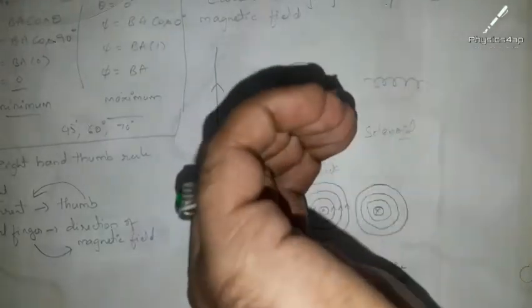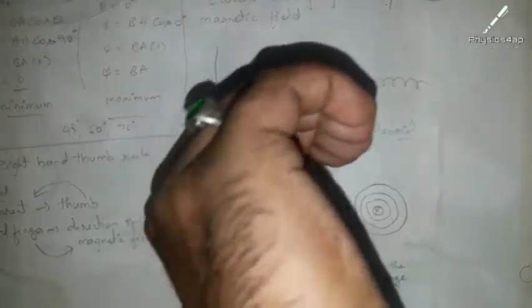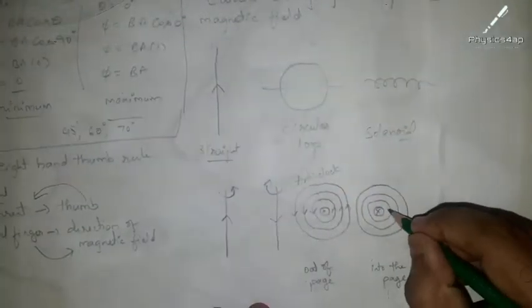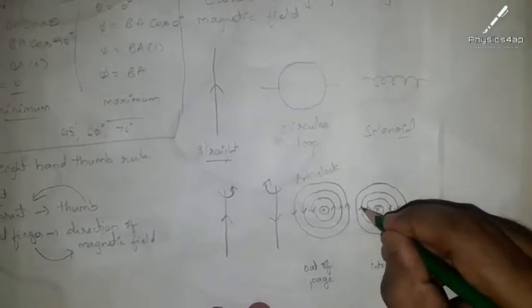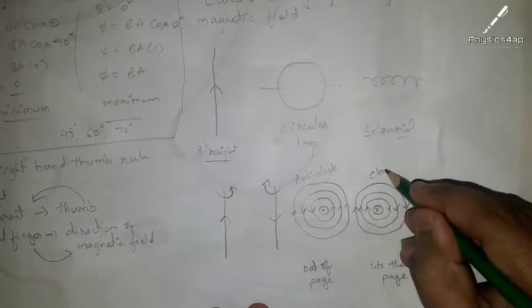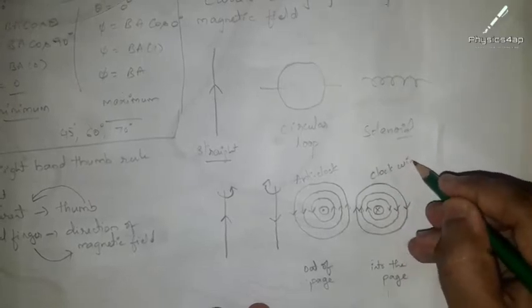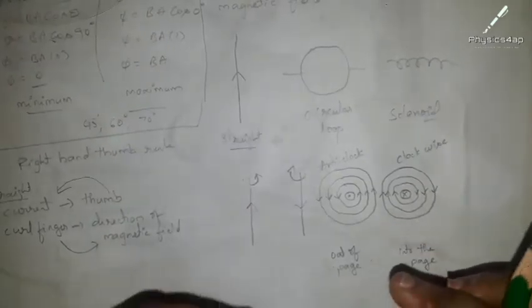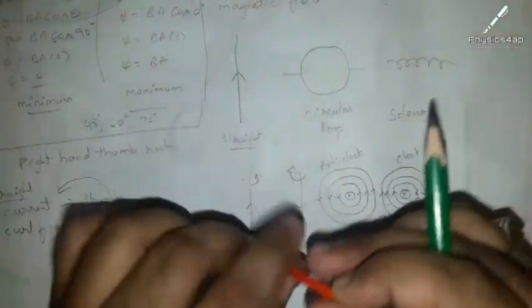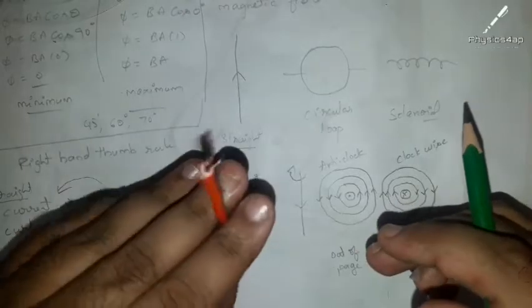If you see my fingers, the curved fingers are moving in a clockwise direction. So this is the direction of the magnetic field, clockwise direction.